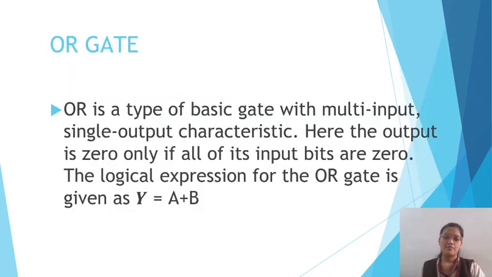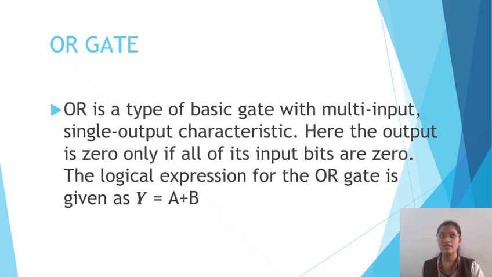OR gate. The OR gate is a type of basic gate with multiple inputs and a single output. It means we give multiple inputs, but the output will be only a single output. Here the output is 0 only if all of its input bits are 0. It means only when every input bit is 0, the output will become 0.